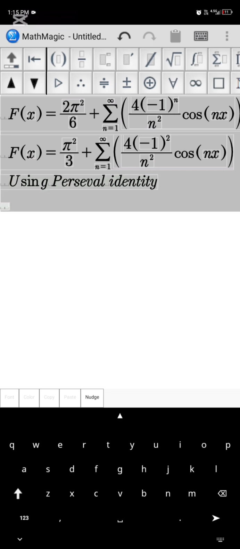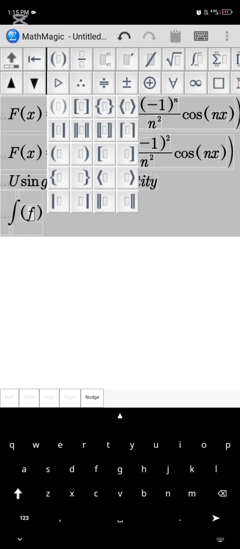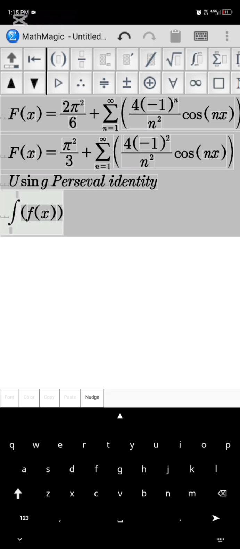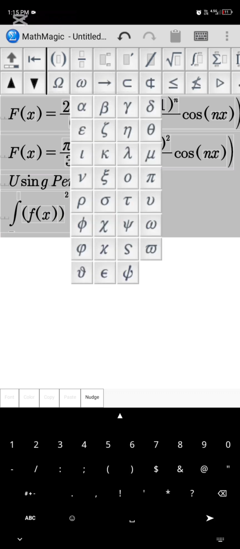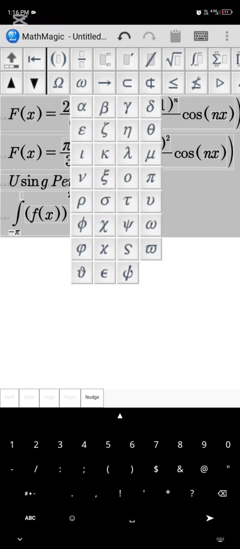If you have the integral of f of x raised to the power of 2 dx, the integral is from minus pi to pi.